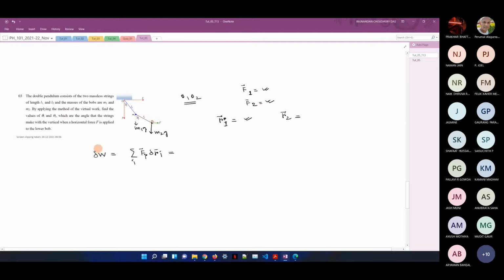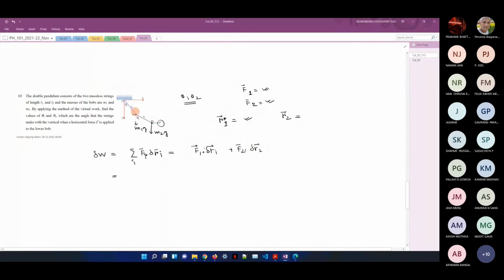This thing we are applying here, so you will be remaining only with m1g, m2g and capital F. So let us write the virtual work done by this. First one is F1 dot delta R1, then another one is F2 dot delta R2. These are the two forces acting, so that's why we will be writing like this.